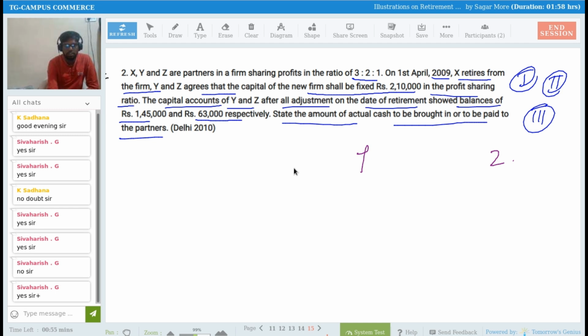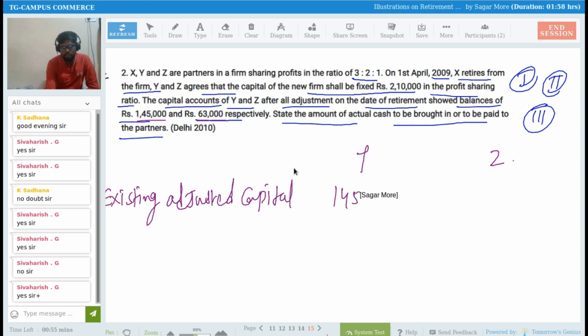So what I'm going to do here, first of all, is write down their existing adjusted capital. What is their existing adjusted capital? 1,45,000 and 63,000 rupees respectively. Then I'm going to write down their closing capital.